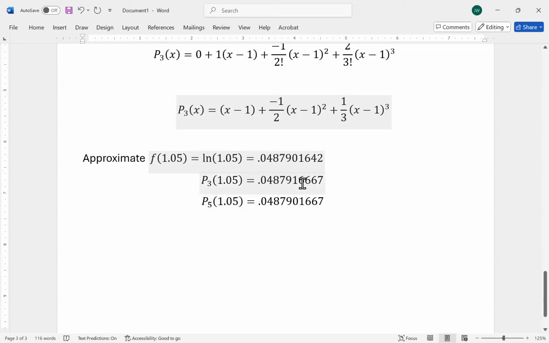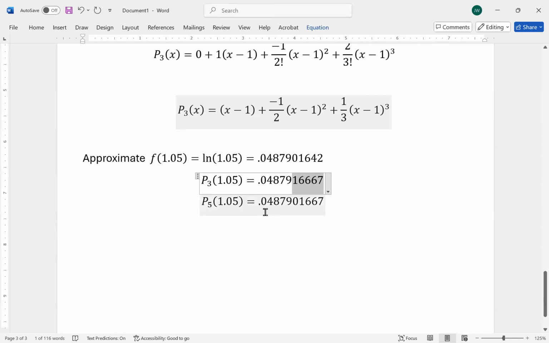So with degree 3, we're off out here at the 1, 2, 3, 4, 5, 6, sixth decimal spot.